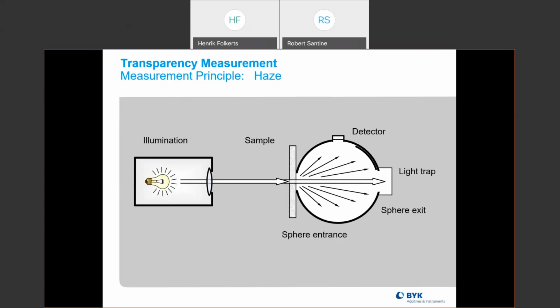So in this case, only the scattered light, the diffusely transmitted light is measured, and then the haze value is calculated as the ratio of the diffusely transmitted light to the total transmitted light.